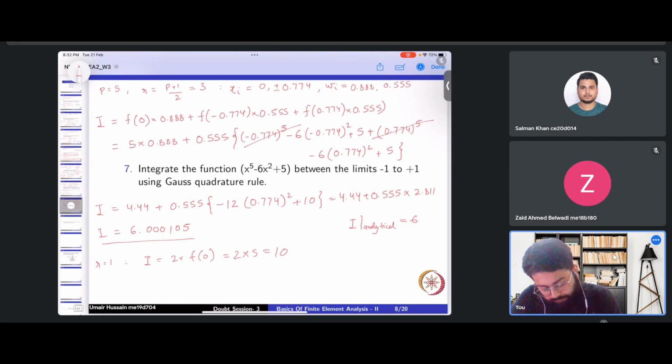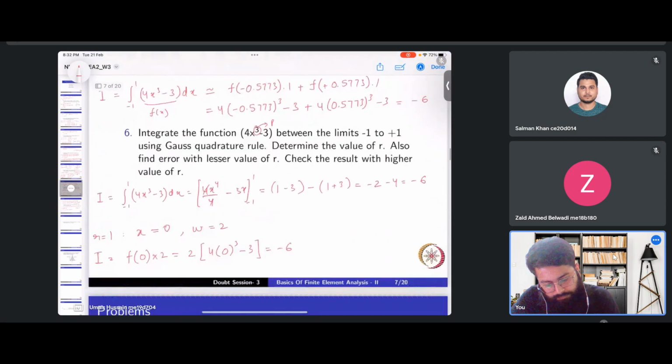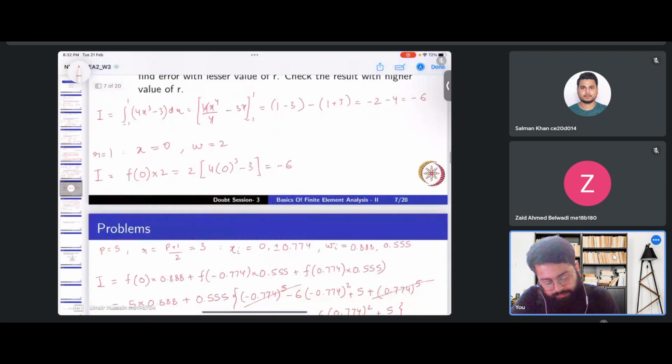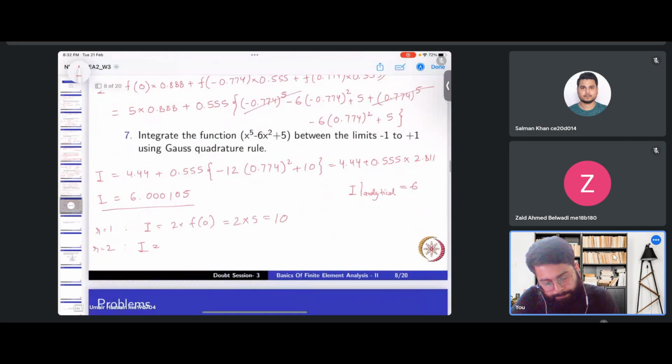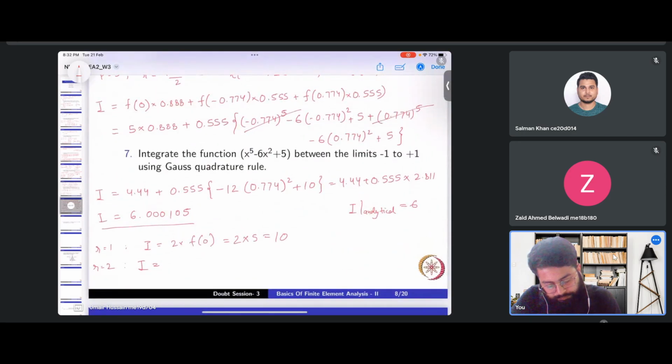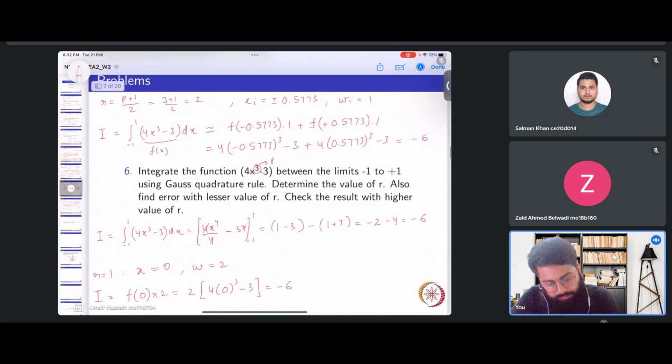So we can check with r equals to 2 also. It's possible. x equals minus 0.5773, and weights are 1, right?